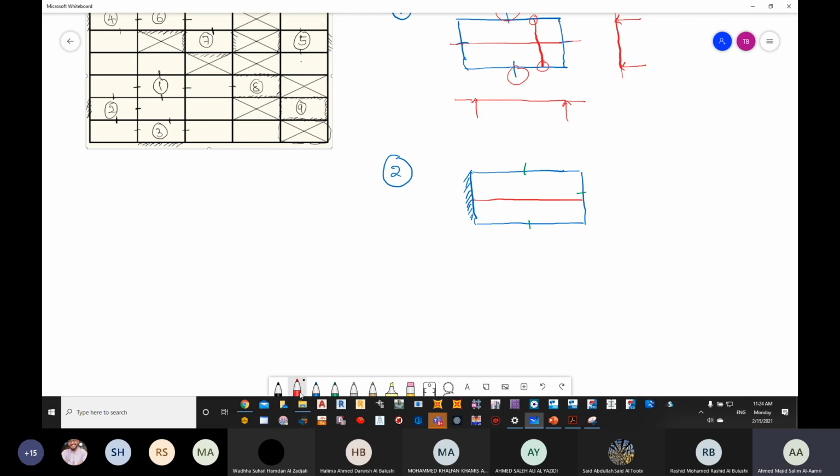So if I want to draw the bending moment diagram, here it's discontinuous, here it's continuous since there is a slab. On the other side, this is my slab. Here we have a slab, here we have a slab, so there should be an extension.